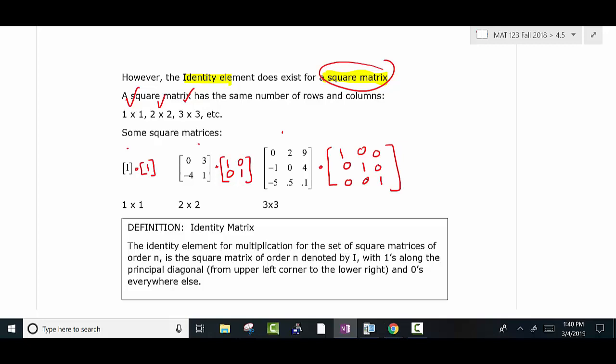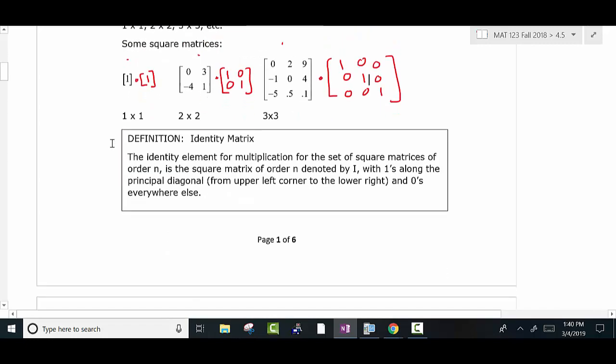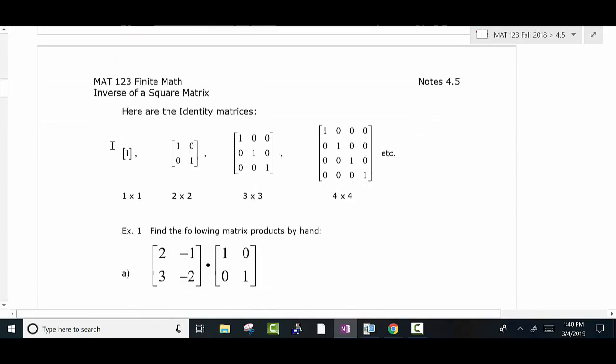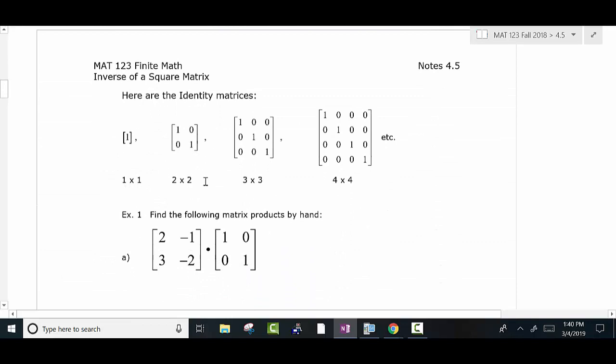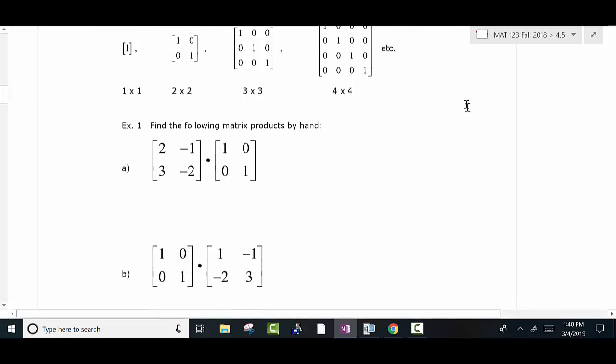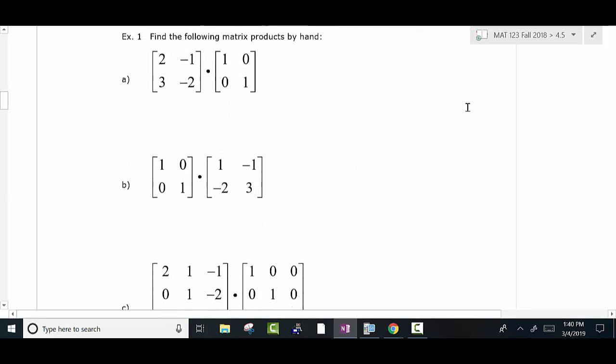Everybody understand what I'm saying there? Okay, so you want to understand that it's a square matrix with that diagonal of 1s. I've written this on this page, so this would be what the different identity matrices look like. They all have that diagonal of 1s. That's the idea. Okay, so we're going to do a couple of these by hand.